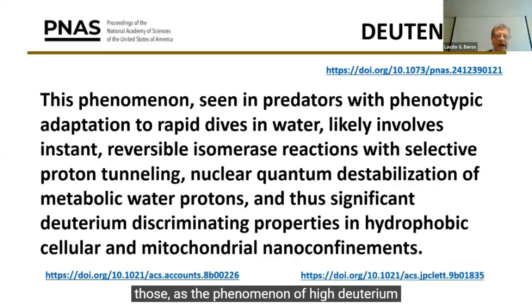as the phenomenon of high deuterium accumulation in connective, supportive and structural tissues, seen in predators with phenotypic adaptation to rapid dives in water, like the peregrine falcons slowing down with high frictional forces on the wings.